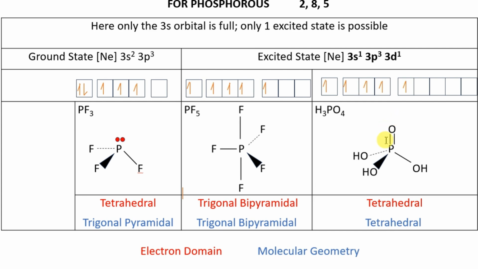There is a double bond, but still I need that excited state 3s1, 3p3, 3d1. Tetrahedral, both in terms of molecular geometry and electron domain geometry.